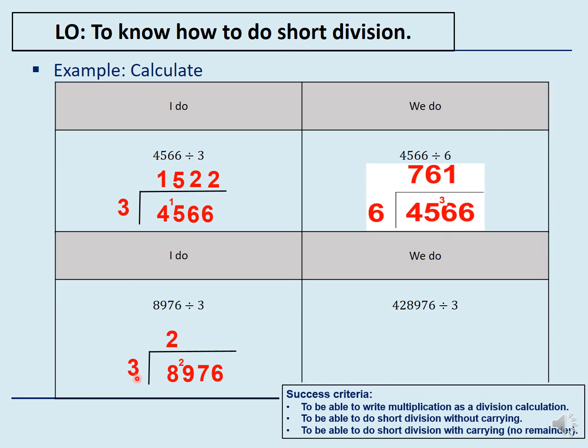How many times does 3 go into 29? 9 times, and I have 2 left over. How many times does 3 go into 27? 9 times, no leftover. And how many times does 3 go into 6? Twice, and no leftover. So this is the last answer.